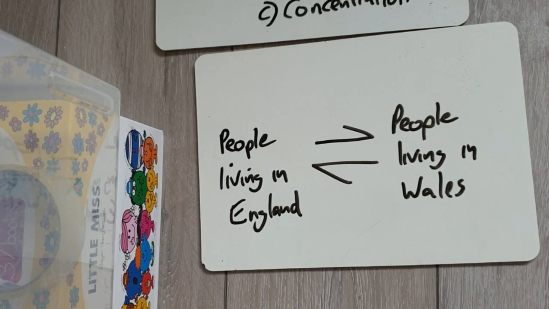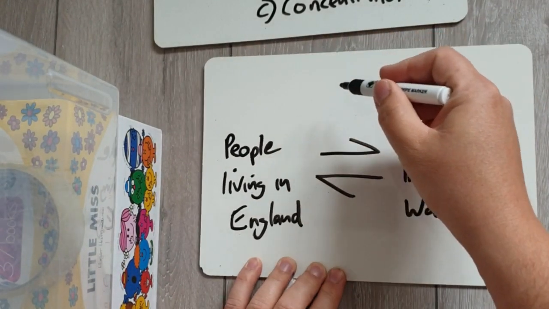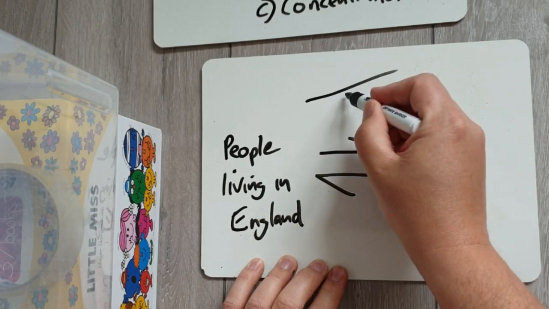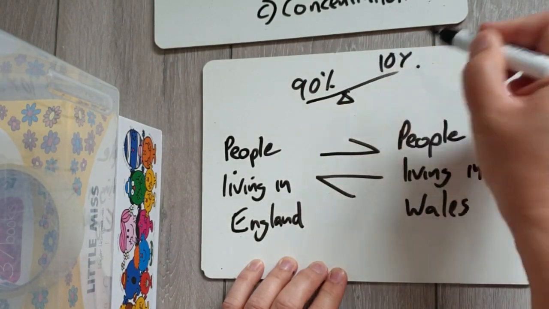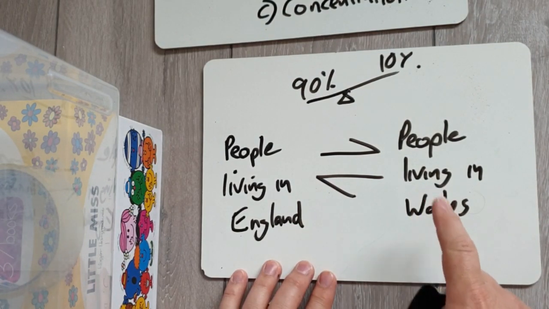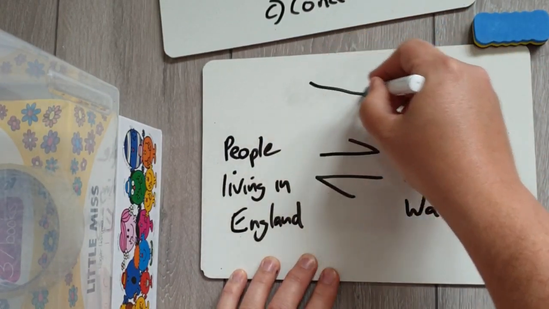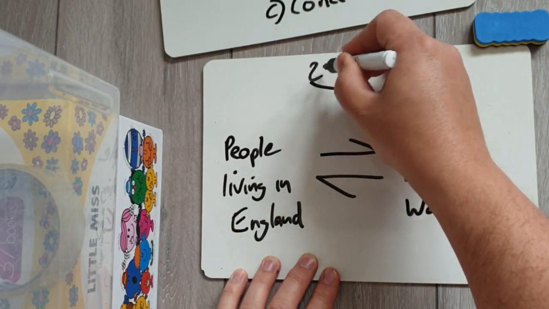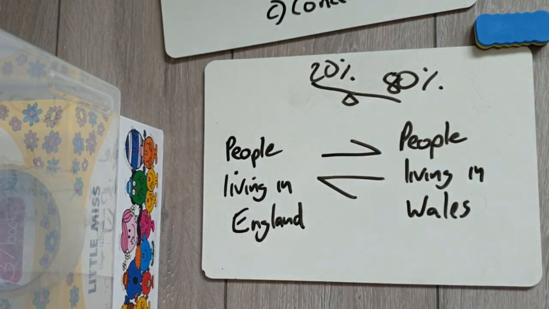If you imagine it like a giant seesaw, it would shift. Instead of being that way, with 90% of people there and 10% of people there, if all of a sudden we make it much more attractive to live in Wales, the equilibrium is going to shift and we might end up with only 20% of people on that side and 80% of people over there.